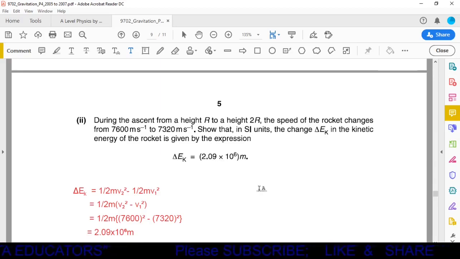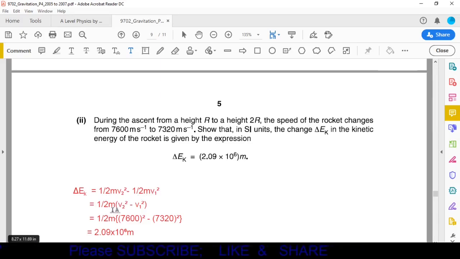Okay, kinetic energy is given as half mv square. We have to find out change in kinetic energy. So we have to subtract the kinetic energy at point B from the kinetic energy at point A. So kinetic energy at point A is equal to half m v2 square and kinetic energy at point B is half m v1 square. Okay, we have to substitute the values.